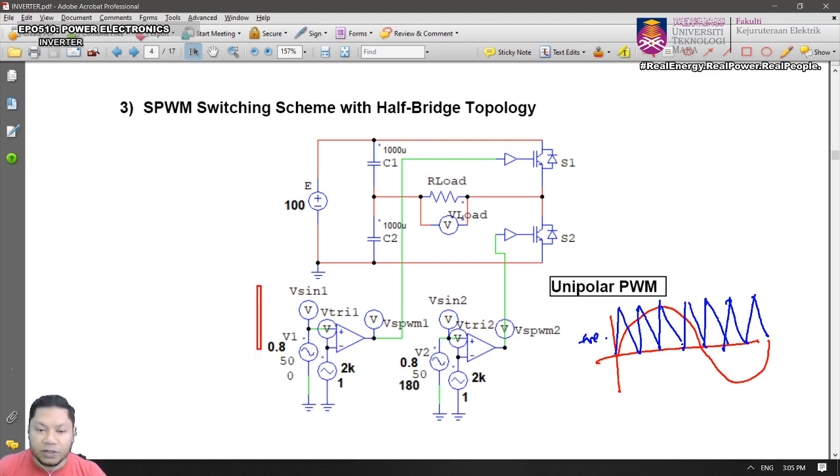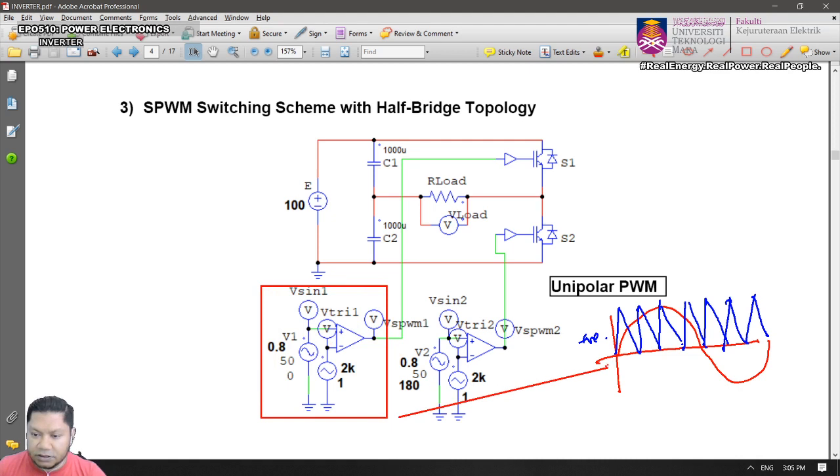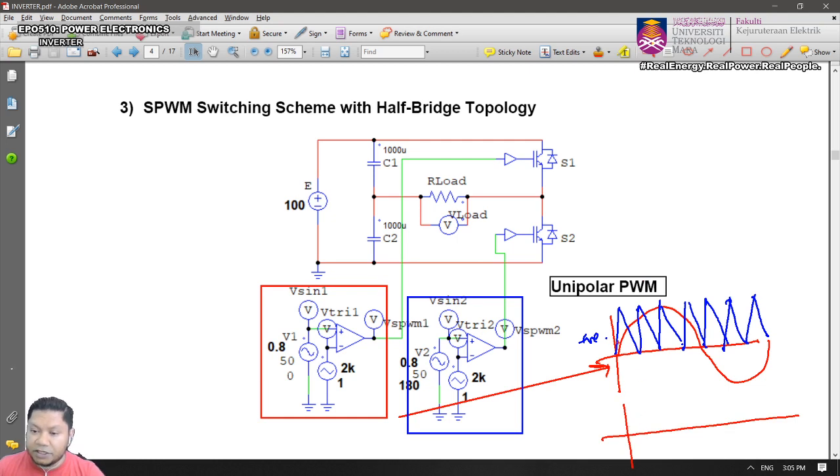So the first one will have this from these signals, and for the other comparator, you're going to compare with the same triangular carrier signal, but your modulating signal will be the mirror image of the first comparator.